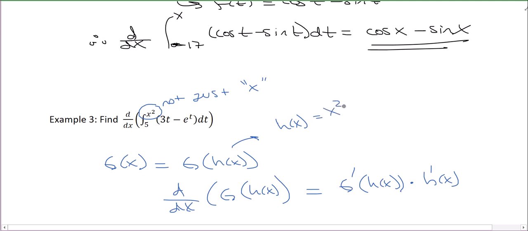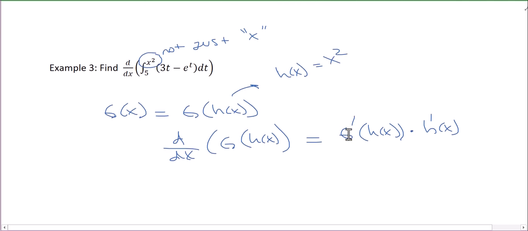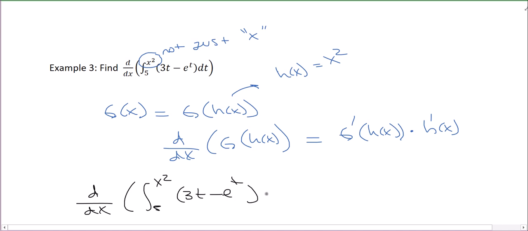So when I have d dx of the integral from 5 to x squared of 3t minus e to the t dt, I'm going to have g prime of h of x, which will be my f of x squared.